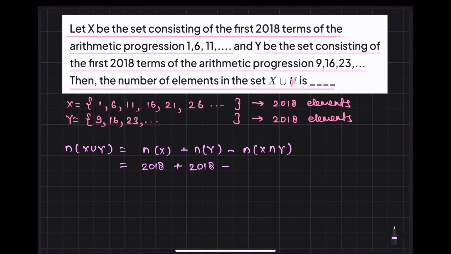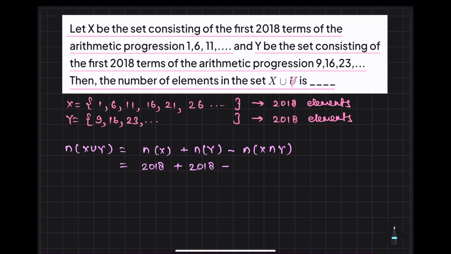Now we have to find the number of common elements in both series. If you observe, both are APs, so the common elements will also be in an AP.